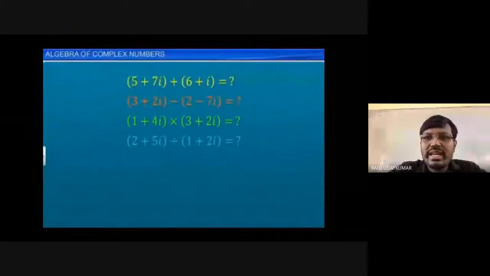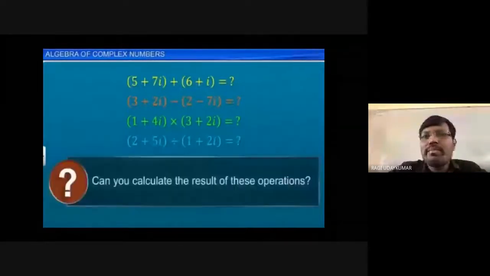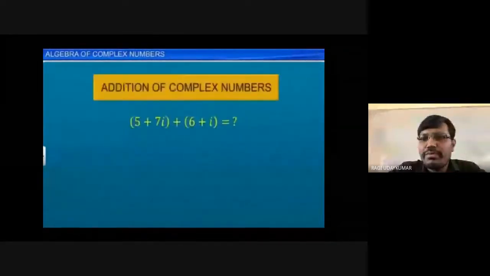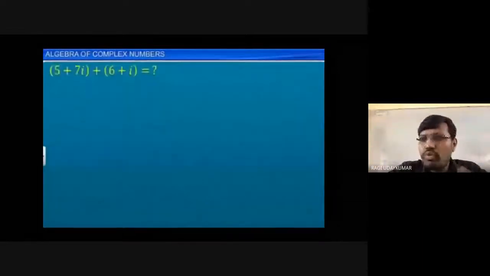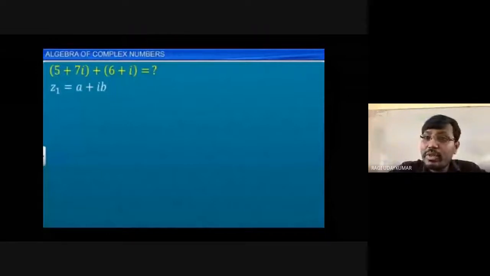Other examples are 5 plus 7i and 6 plus i. These are all again complex numbers. If you add two complex numbers, you may get a complex number, you may not get a complex number.